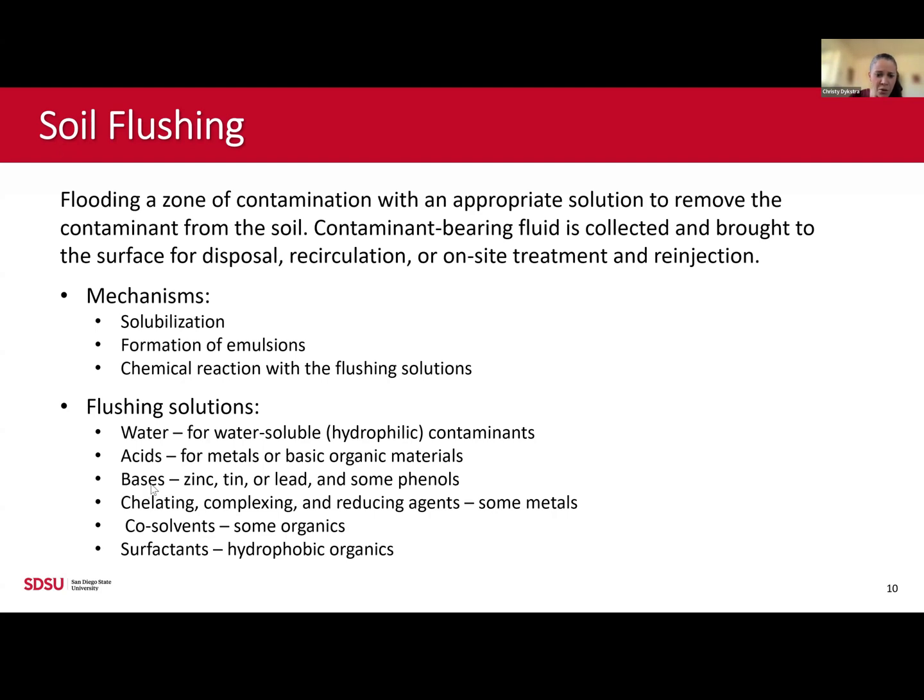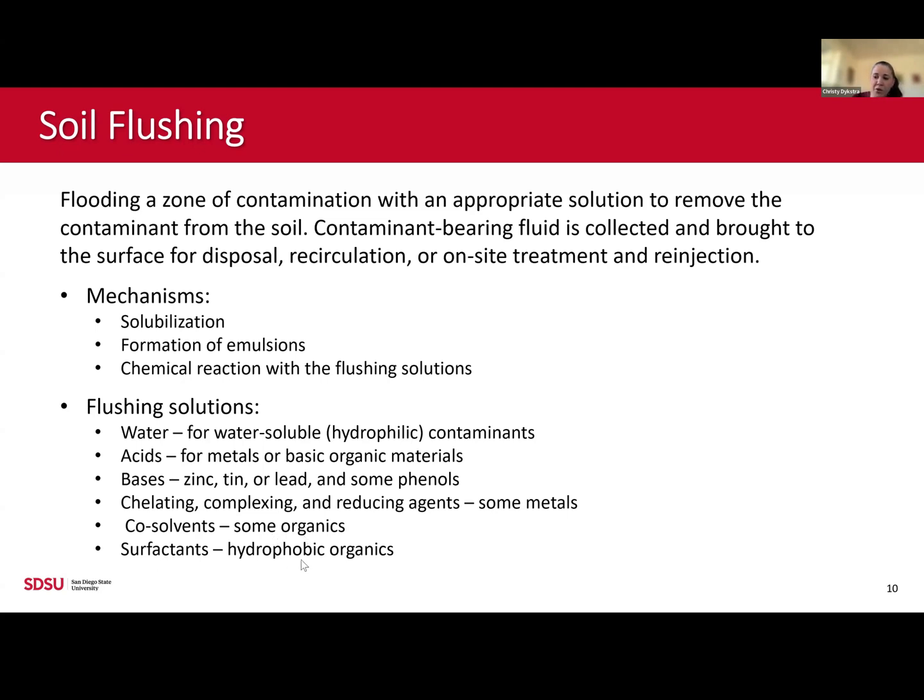In some cases, however, bases can actually act as solubilizers. So things like zinc, tin, or lead, and some phenols tend to be a little bit more soluble in basic pH. Other chelators, complexing agents, reducing agents, these things can be good for metals. And co-solvents might be needed for some organic materials. And then surfactants.